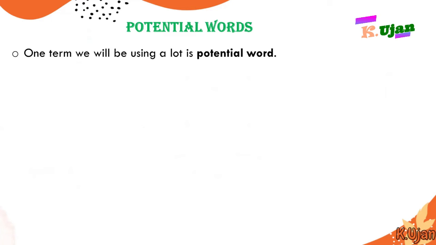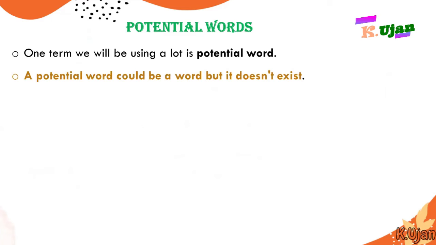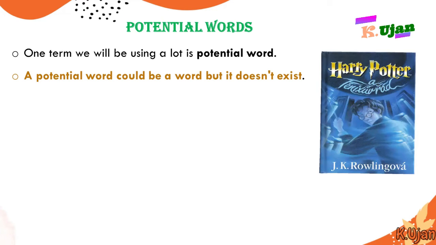One term we will be using a lot is potential word. A potential word could be a word but it doesn't exist, meaning a word that doesn't exist in the dictionary or in the language.